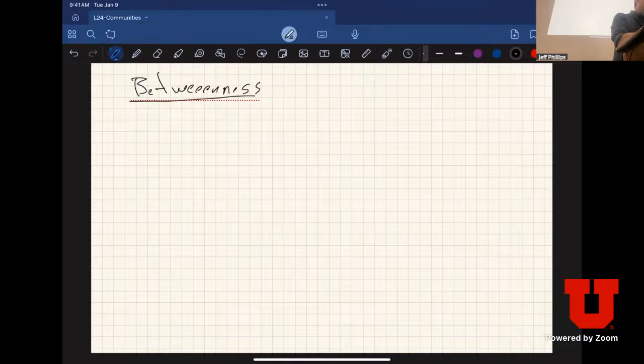Okay, and this will be betweenness centrality, sometimes it's called, and this will be a top-down view.